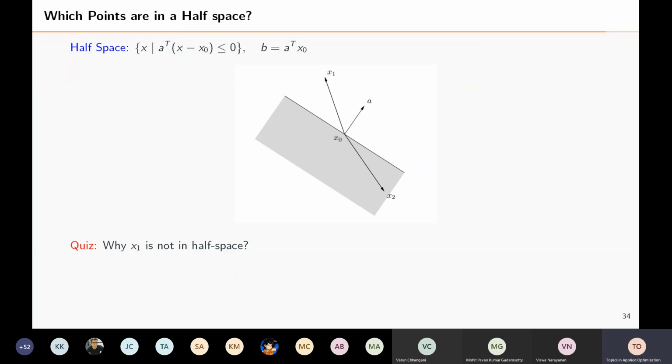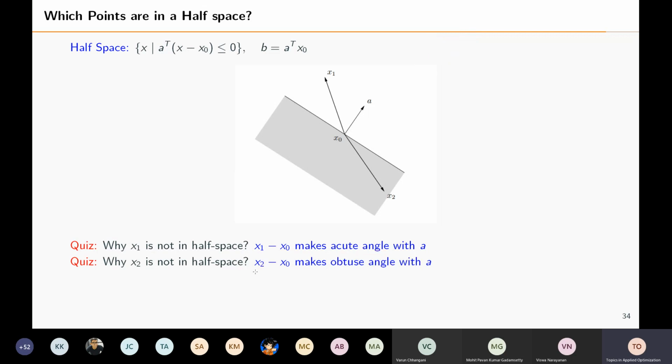Actually, what I said before is done here. I could write this as x minus x naught, like I described in the previous case. If it makes an acute angle, then x1 is not in the half space, because x1 minus x naught is greater than 0.